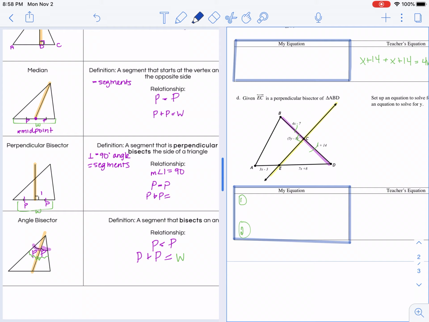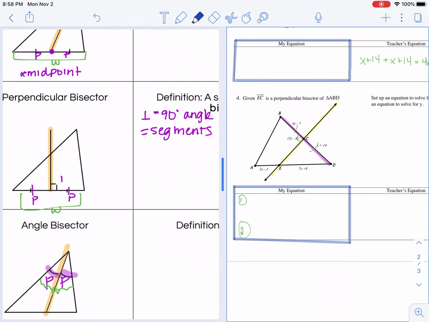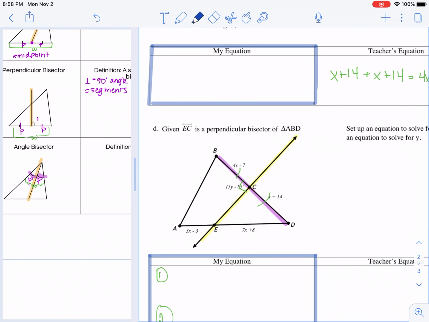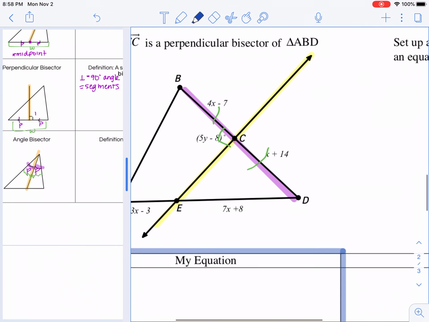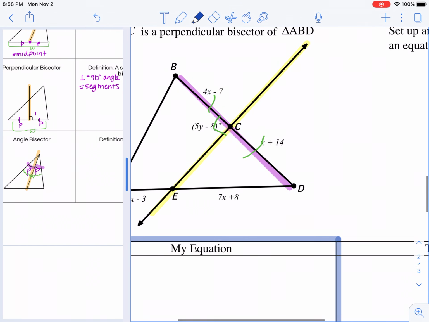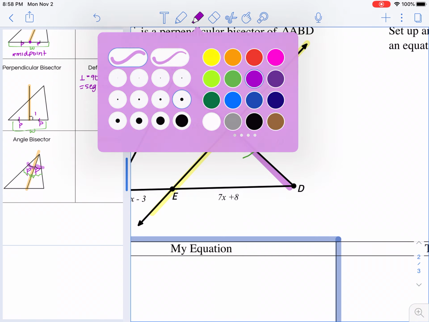So a perpendicular bisector, you've actually used these ideas already. It's in a new context. It's putting two of them together in one. So let's focus on the bisector part first. When you bisect a segment, it breaks it into two equal parts, and you can use your part equals part or part plus part equals whole relationship. So when I look at my drawing here, I can see that that segment has been broken into two equal parts.